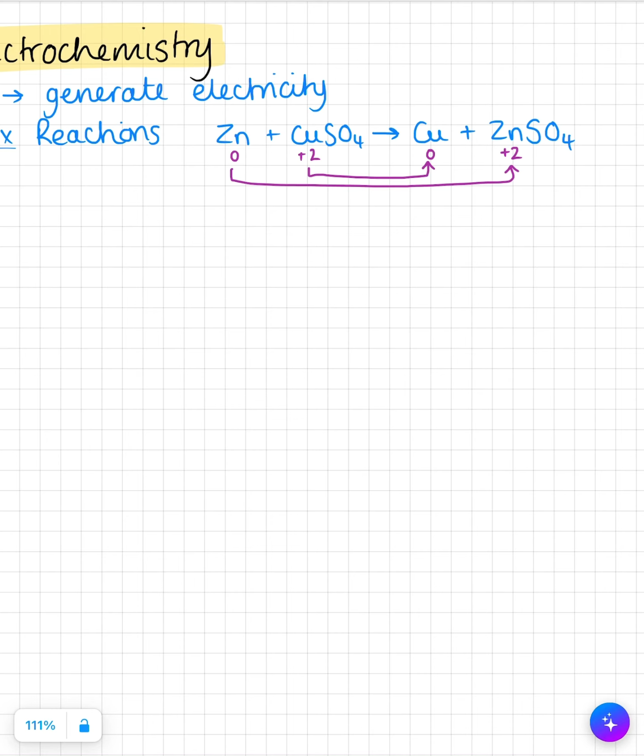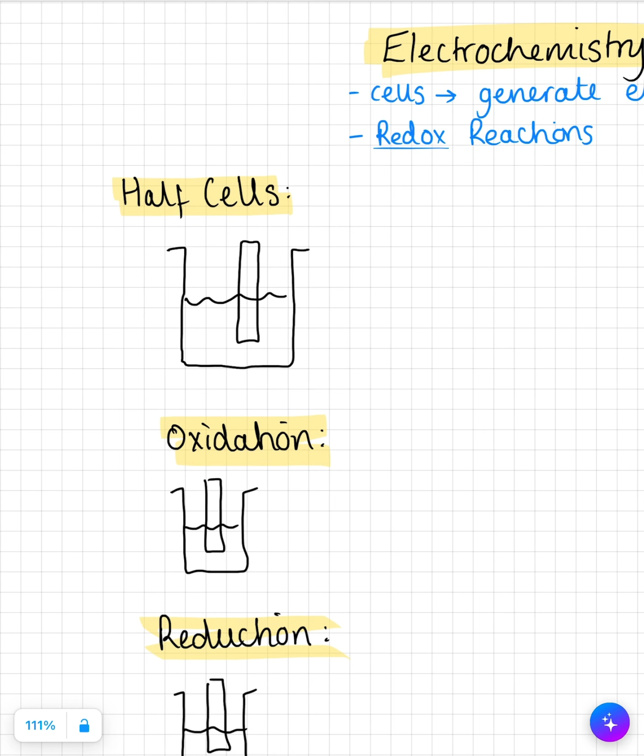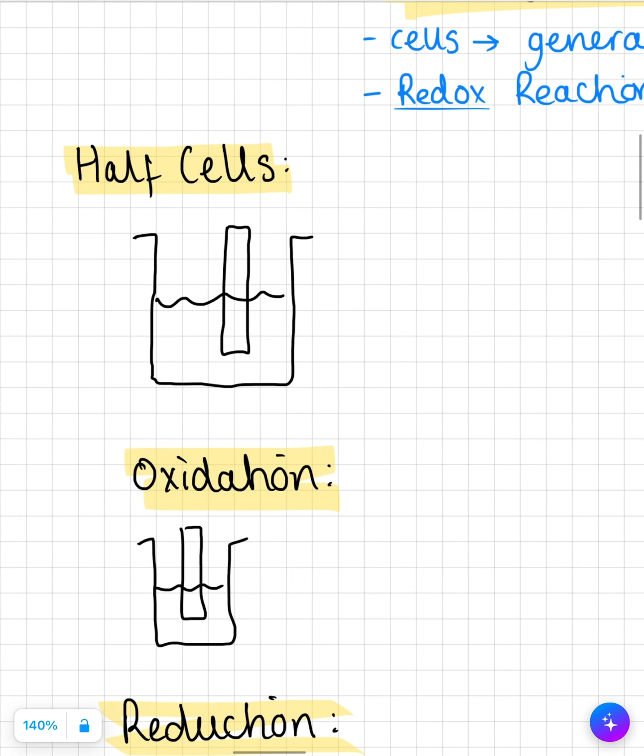So instead of electrons being transferred directly from the zinc to the copper ions, we can build a cell which separates the two different redox reactions. So we know that reduction and oxidation can be represented in half equations. Now each of these half equations is going to be represented as a half cell.